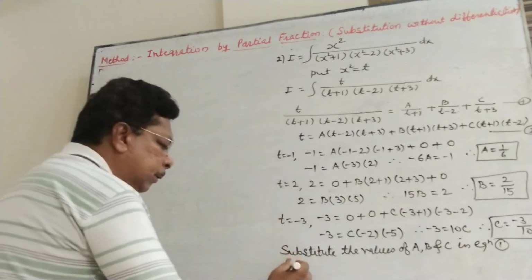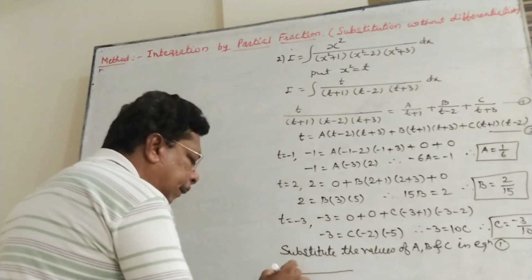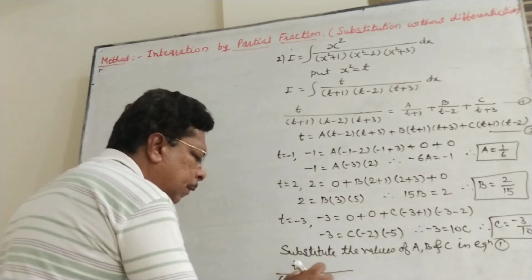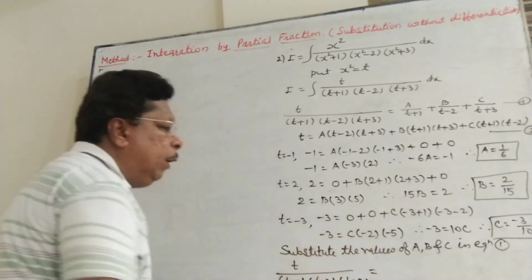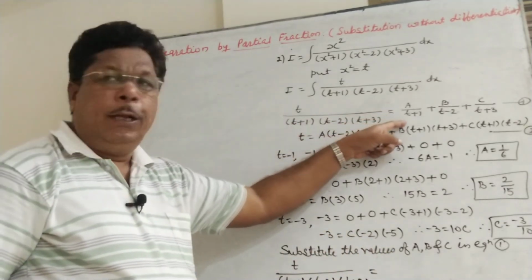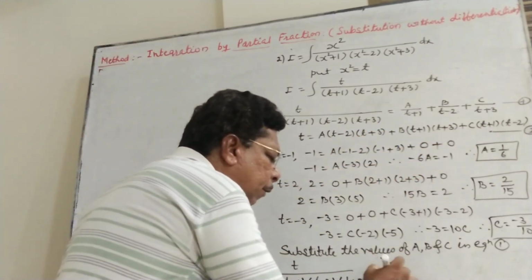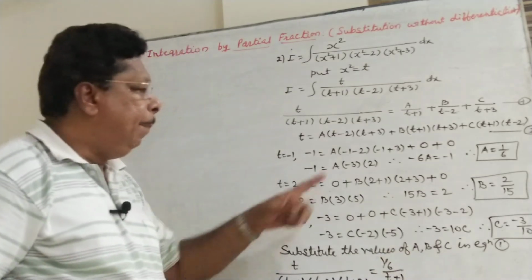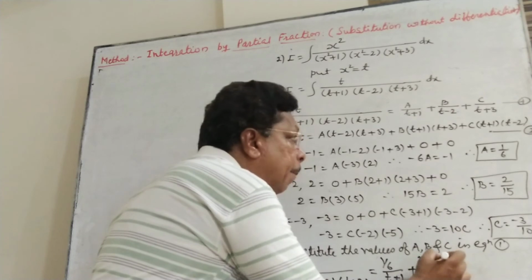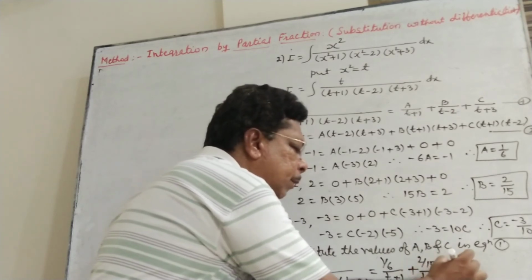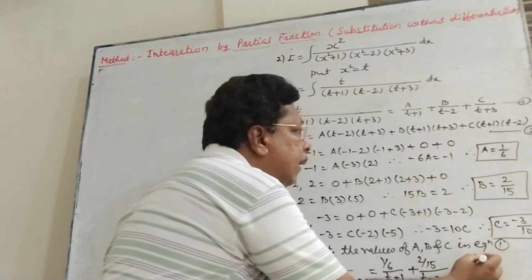Equation 1 becomes t upon t plus 1, t minus 2, t plus 3 equal to a upon t plus 1. What is a? 1 by 6. So 1 by 6 upon t plus 1, plus b, which is 2 upon 15, upon t minus 2, plus c, which is minus 3 upon 10, t plus 3.